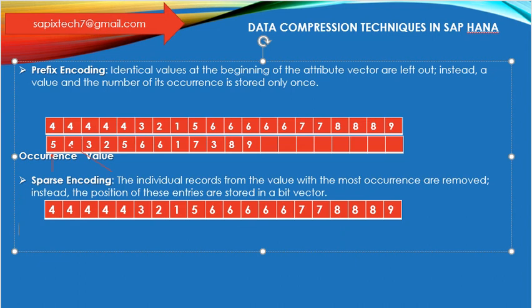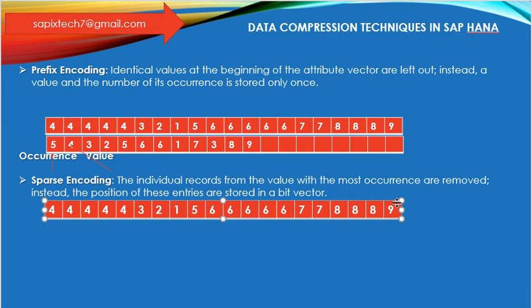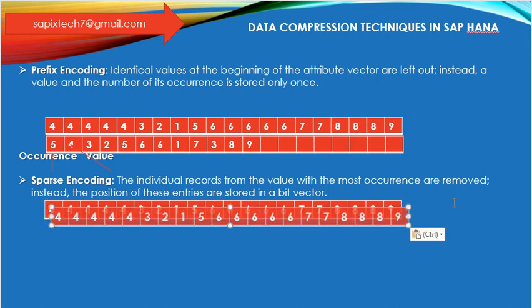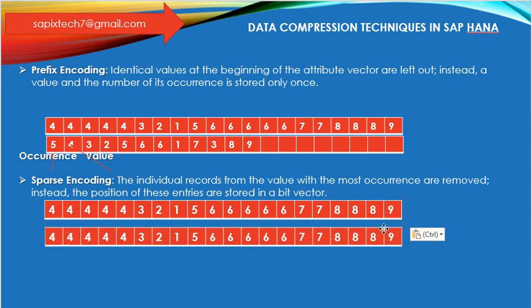What it will do, it will create again, for example, if I copy and paste here, what will happen? It will remove all these fours. So for better understanding, let me change this data.